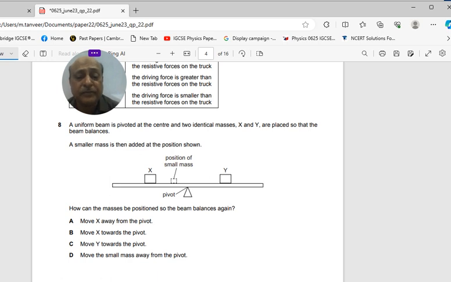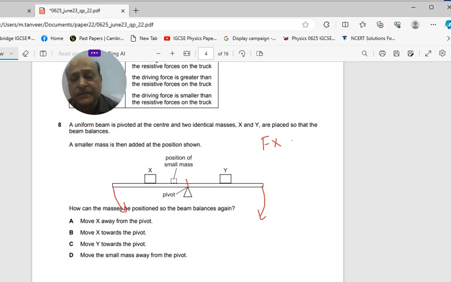The beam will be balanced only when its clockwise moment of force is equal to the anticlockwise moment of force. Moment of force depends upon two factors. Number one, force. Number two, the perpendicular distance D between the pivot and the object.